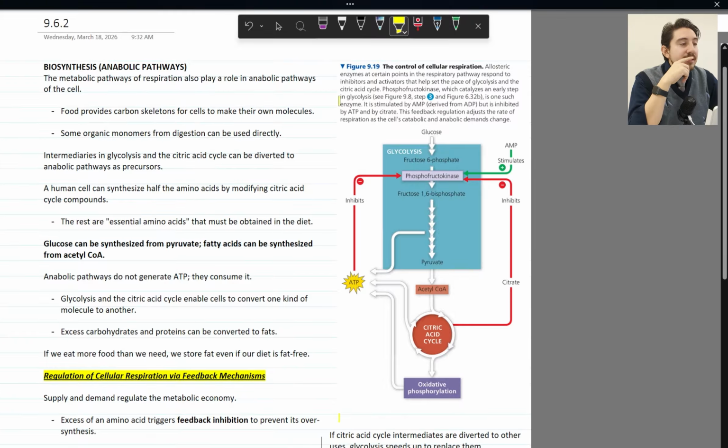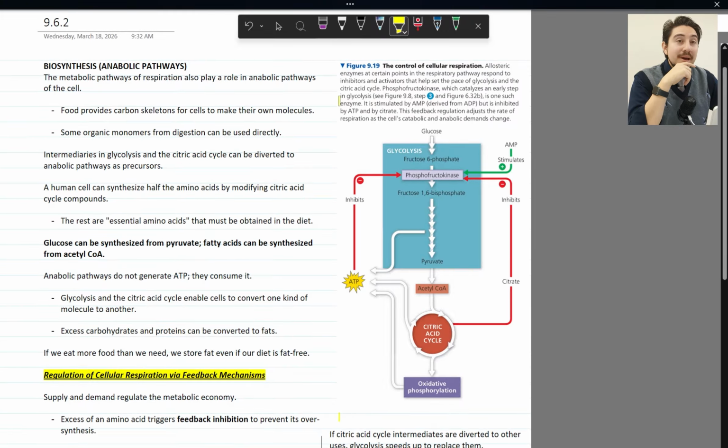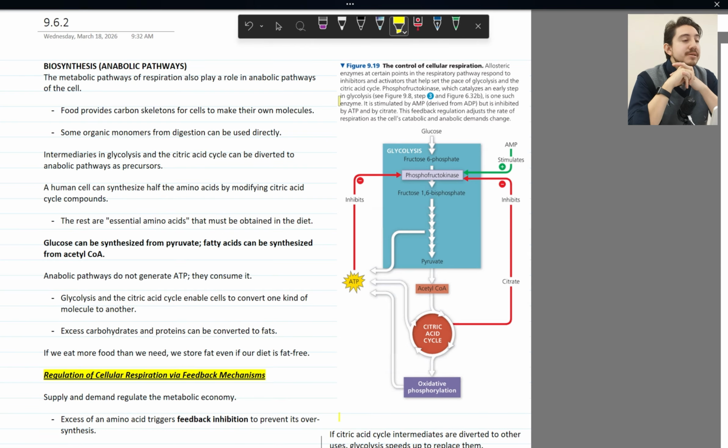In terms of anabolic pathways, remember, we talked about catabolic pathways. Complex molecules are broken down to produce some intermediate within the whole cellular respiration sequence. And then you have biosynthesis, anabolic pathways, when you want to create things. So metabolic pathways can help produce more complex molecules.